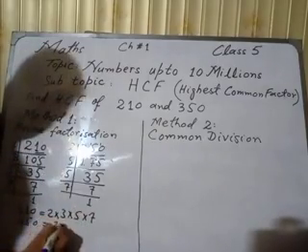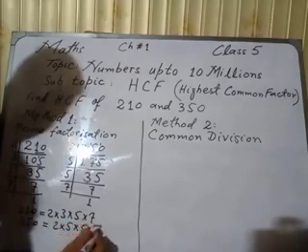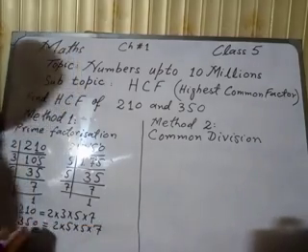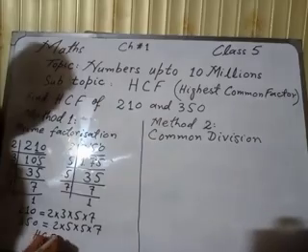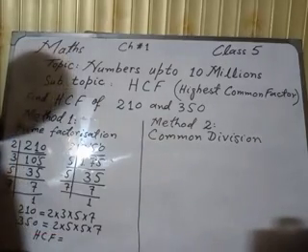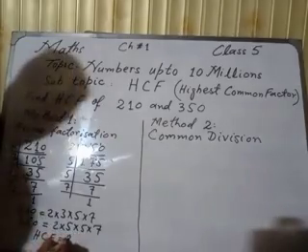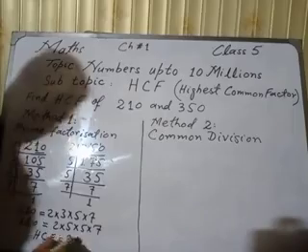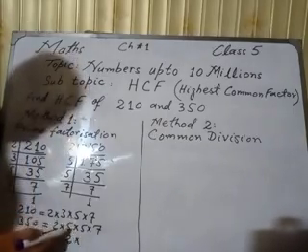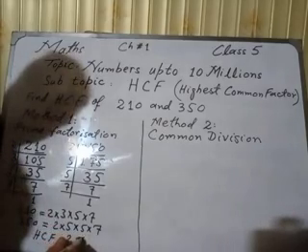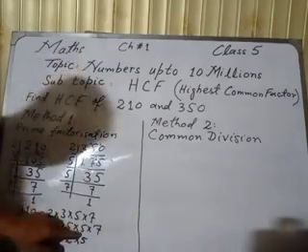Now the HCF will be the common factors. 2 is in both, so 2 will be written here. 3 is not common, 5 is common, and the next 5 is here but not here.